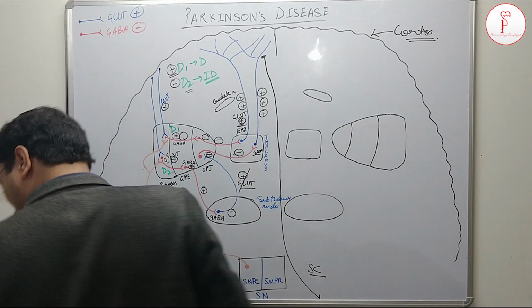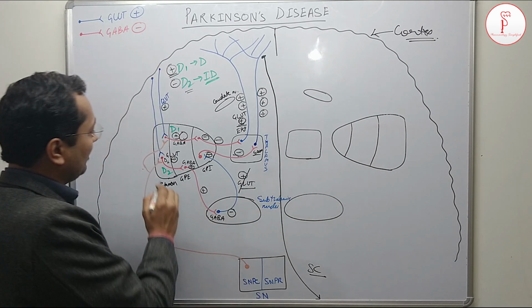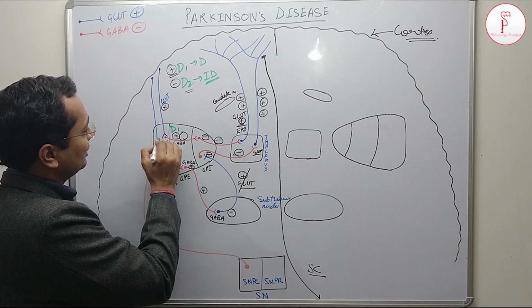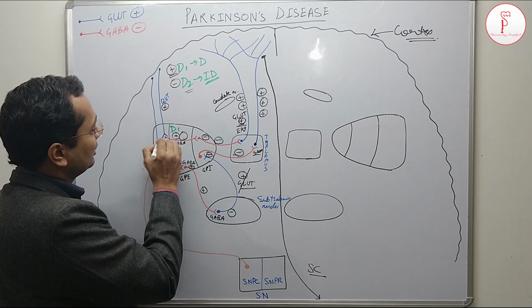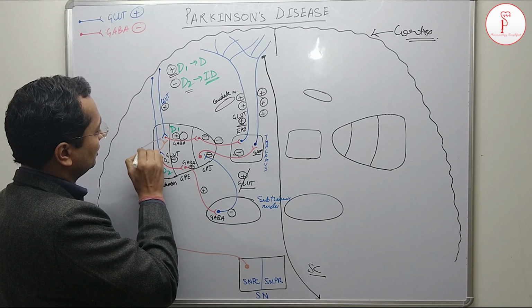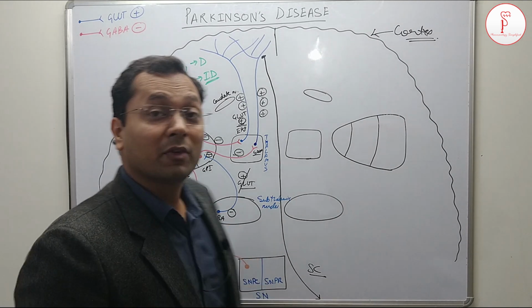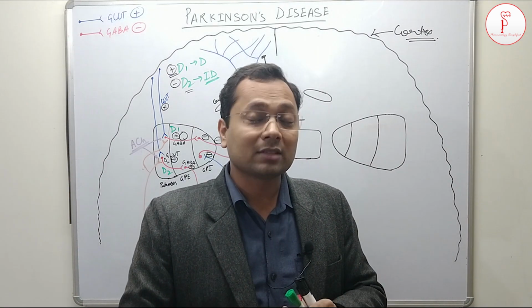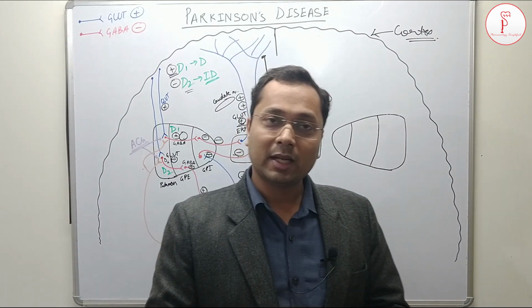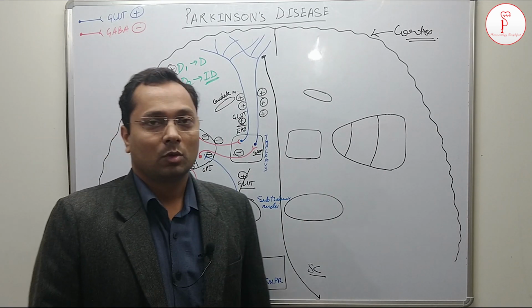One more thing that I'm not drawing here, but there are neurons of acetylcholine as well, right? There are some cholinergic neurons as well, and these cholinergic neurons oppose the actions of dopamine.